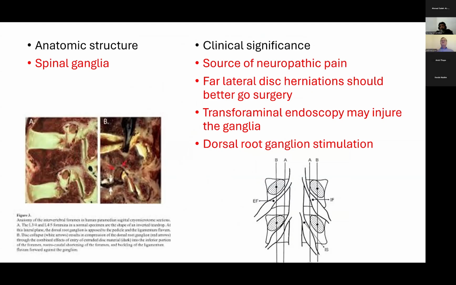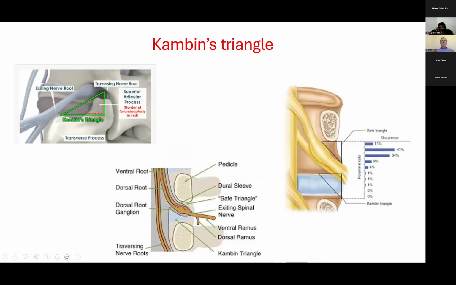And transforaminal endoscopy can cause some damage to the ganglion, and we must be very careful about that. And dorsal root ganglion stimulation is another technique to diminish the pain of some patients.